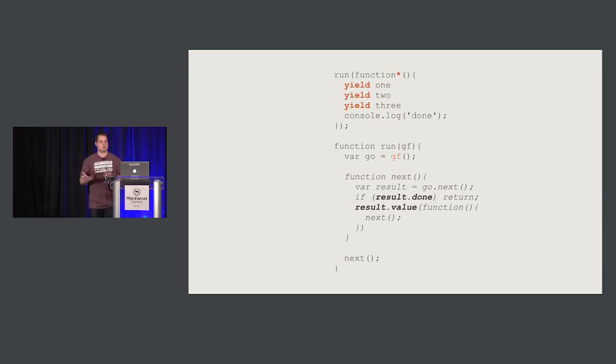And we just learned that next takes the value that gets sent back from yield. Now with yield, you can yield anything. So we're going to yield functions, and then our utility function is going to grab that function that's been yielded to it and call it, and do that same recursive trick where it passes itself to that callback.